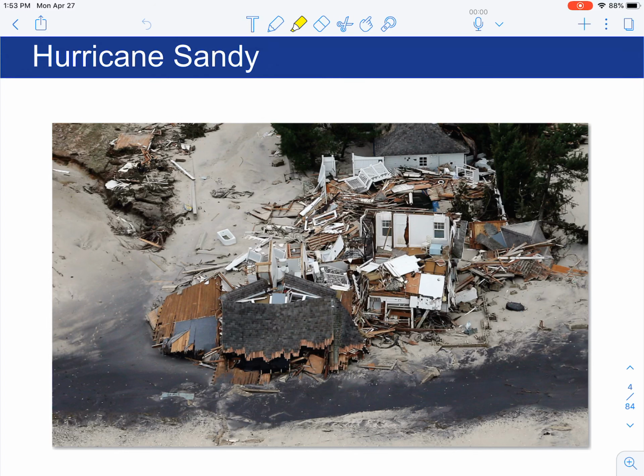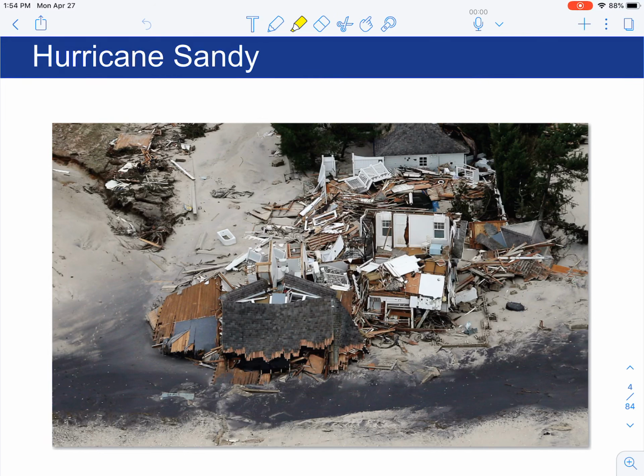In the case of Hurricane Sandy, this is a bit atypical in that most hurricanes will affect the southeastern United States, like Florida all the way up towards central and East Coast states like North and South Carolina, also the Gulf of Mexico area.